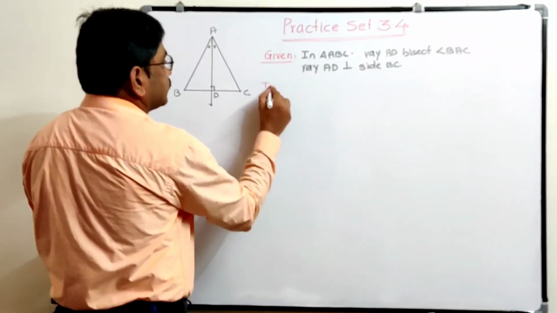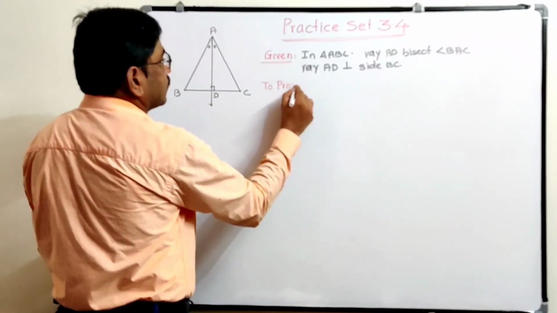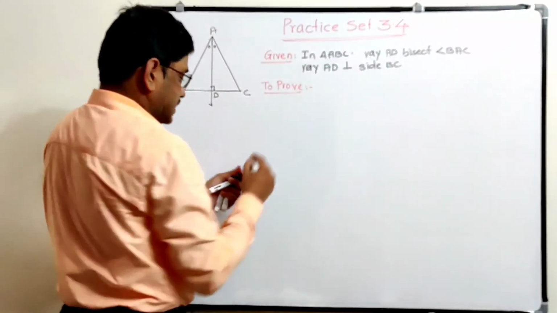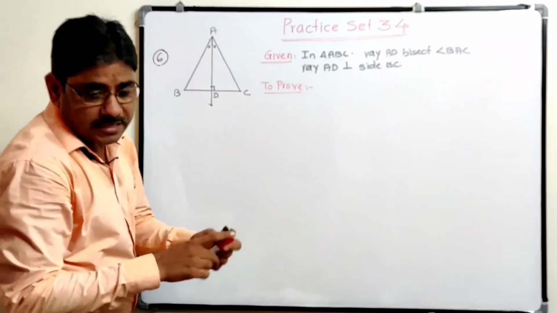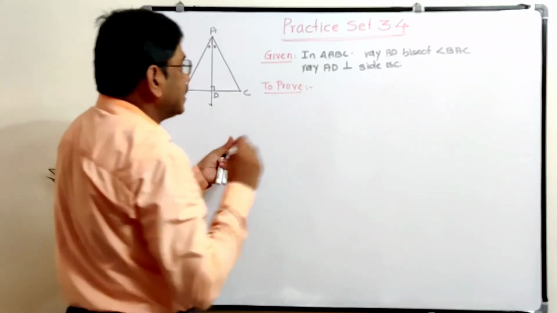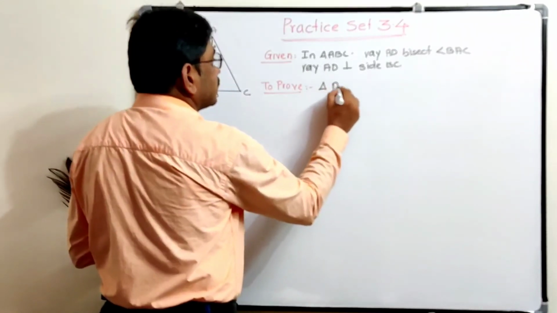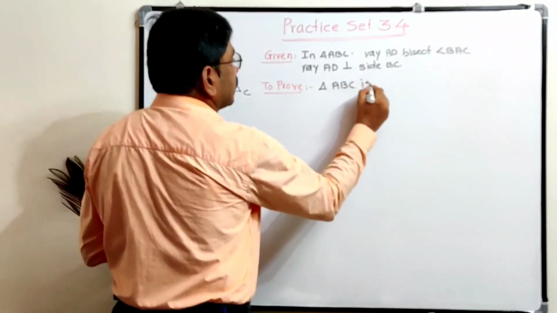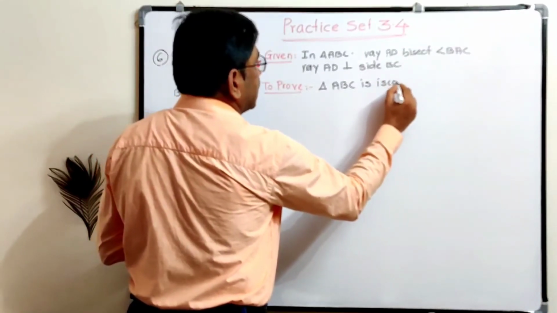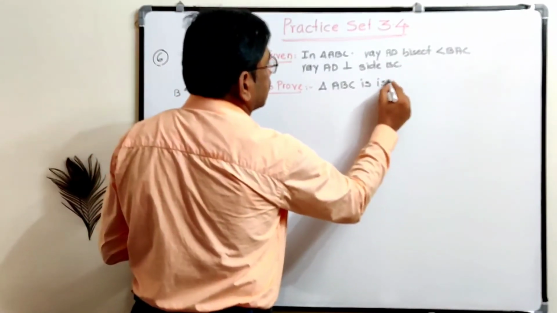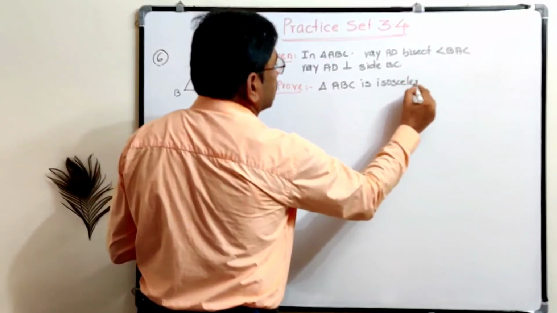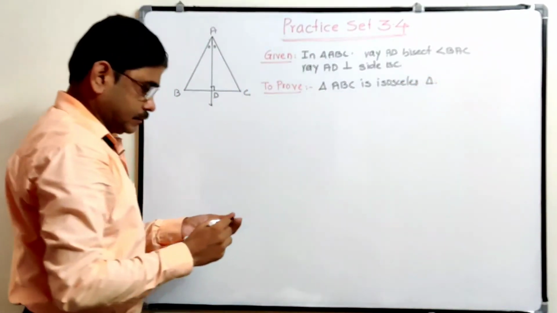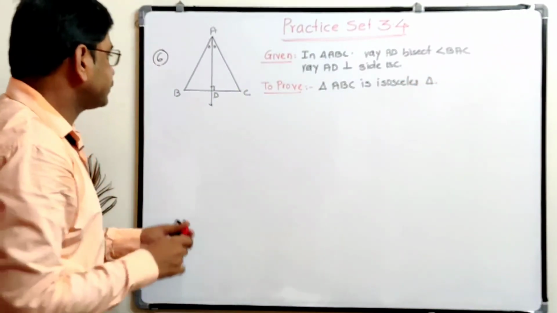It is an isosceles triangle. Isosceles triangle means 2 sides are congruent. Triangle ABC is an isosceles triangle. That we have to prove. Now let us see the proof.